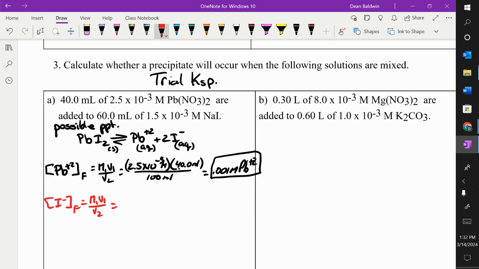It's coming from this, right? Don't look at this. This is going to be for our KSP. The iodine comes from the NaI. This is important because people mess this up all the time. All right? So there's 1 molecule of iodine for every molecule of sodium iodide. So if we have 1.5 times 10 to the minus 3 molar of this, then that's what we have for iodine as well. Okay?